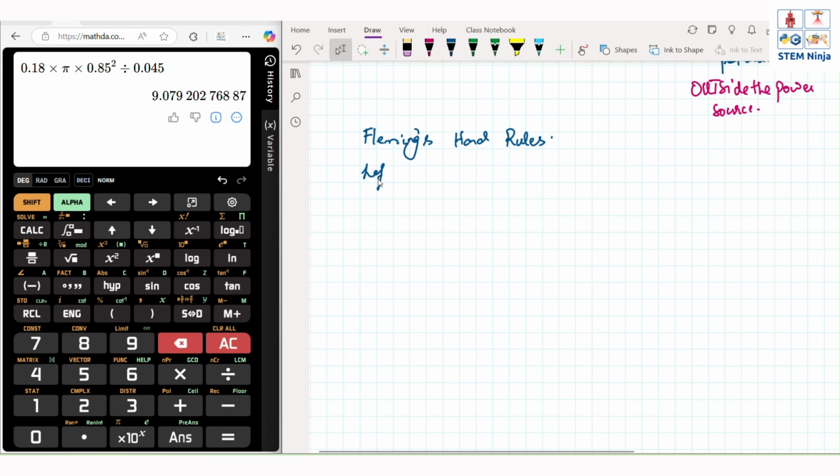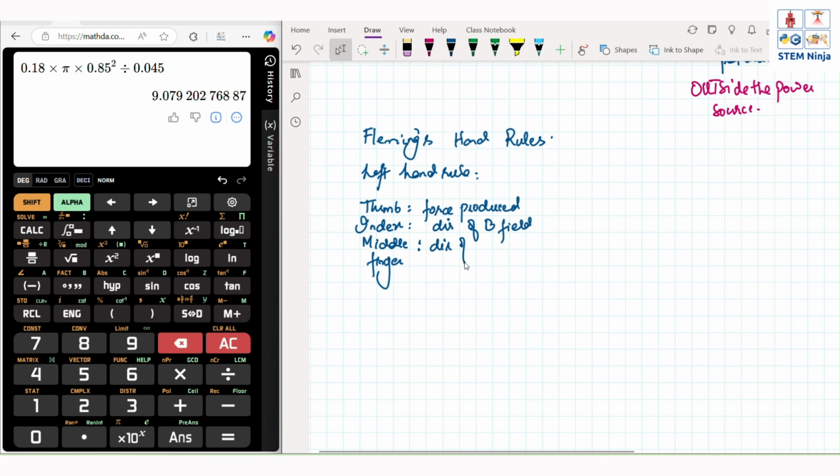If we use the left hand rule, the thumb points to the direction of force produced, the index finger points to the direction of magnetic field, and the middle finger points to the direction of current, which we are already familiar with.